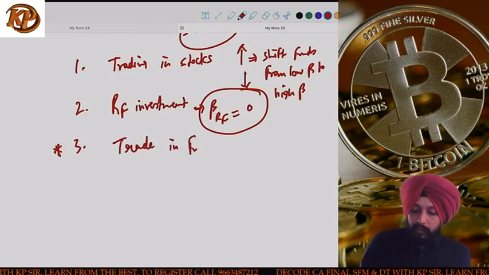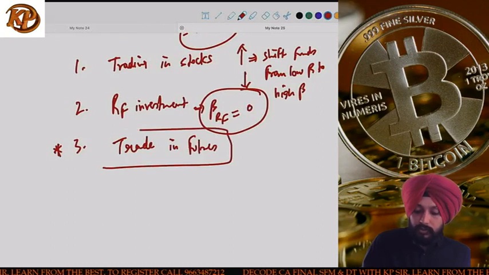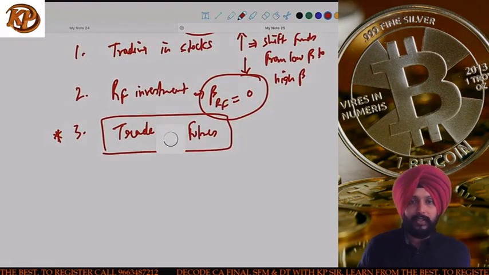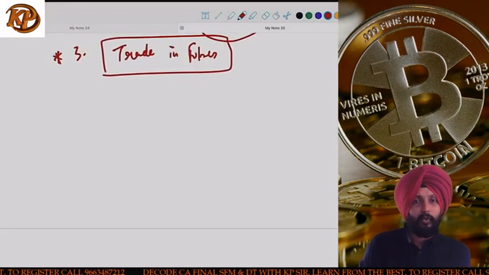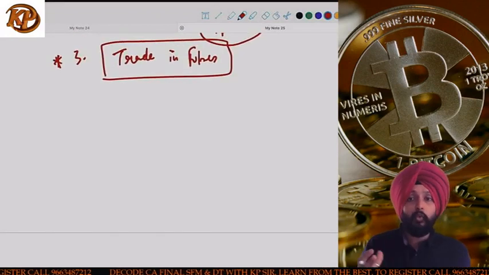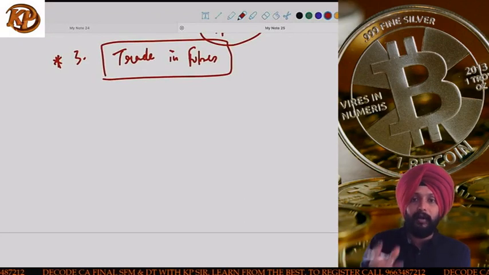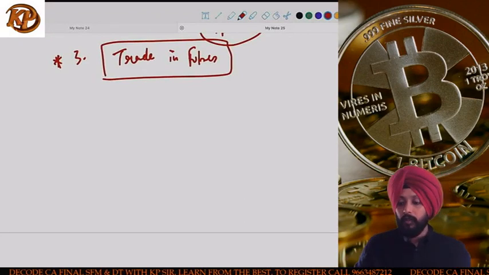The beauty of this method is that it does not disturb the existing portfolio. Your existing portfolio will be as it is. We don't disturb the existing portfolio, but we create a position in futures to achieve the target beta. I'm repeating myself, listen carefully.